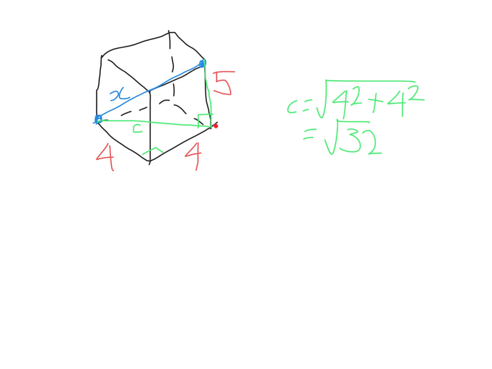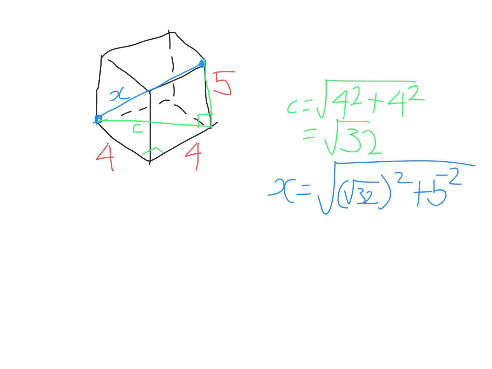So now we have a right-angled triangle where I know 2 sides. So to find x, it will just be the square root of shorter side squared plus shorter side squared. So square root of 32 squared is just 32.